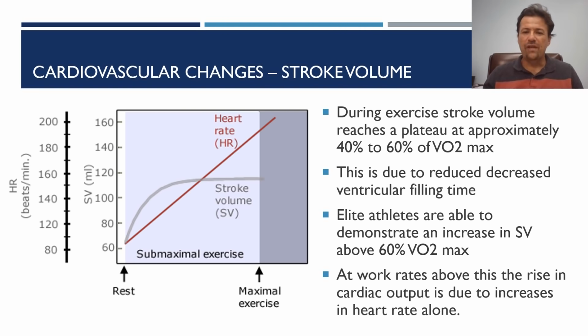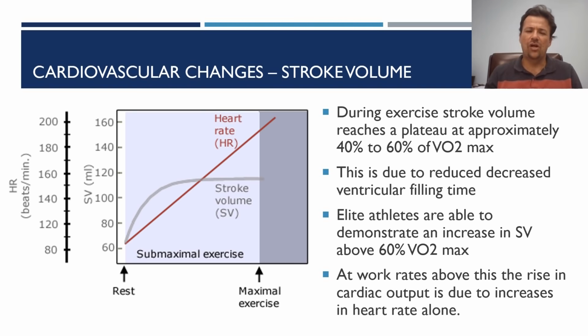Now, ventricular filling time is important because if you stretch the muscles of the ventricles, because there's more blood, it increases the force of contraction, and that leads to a greater stroke volume. So as you stretch the muscles of the ventricles due to more filling, you're able to force more blood out and increase stroke volume. But if the heart is beating faster, there's less time to fill. And that's why stroke volume reaches this maximum.